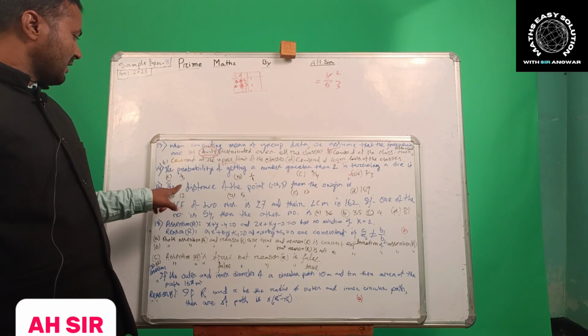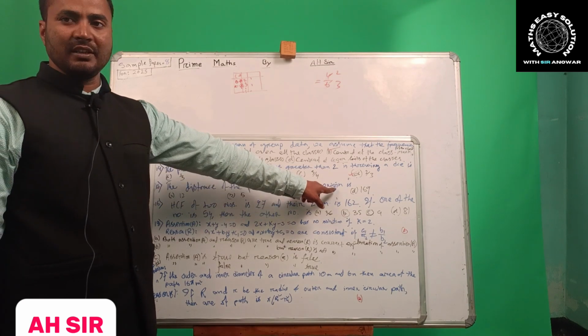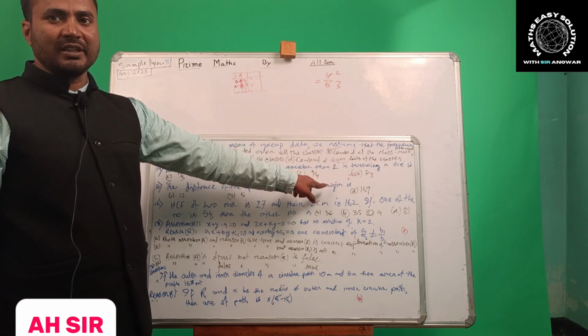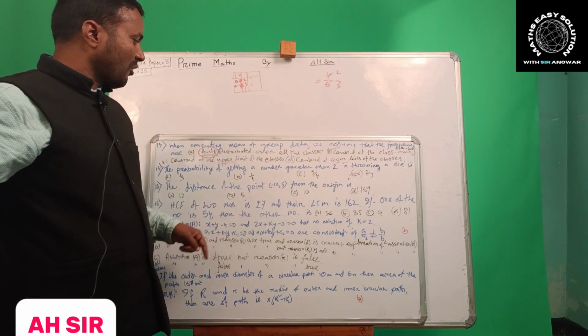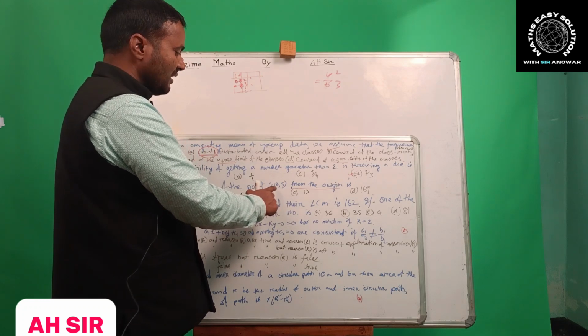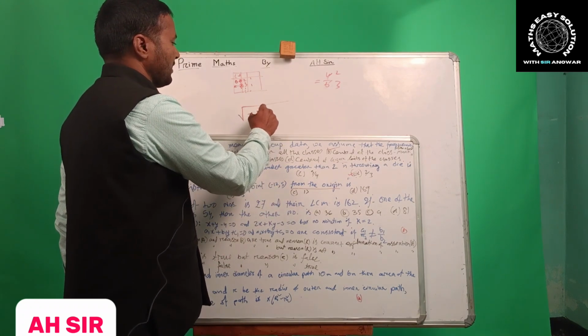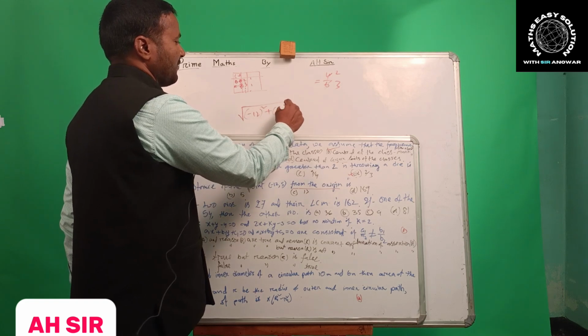Next question. The distance of the point minus 12, 5 from the origin. Remember this type of question. If they mention from the origin, just squaring and adding these numbers, you get the answer. It means like this: minus 12 squared plus 5 squared.